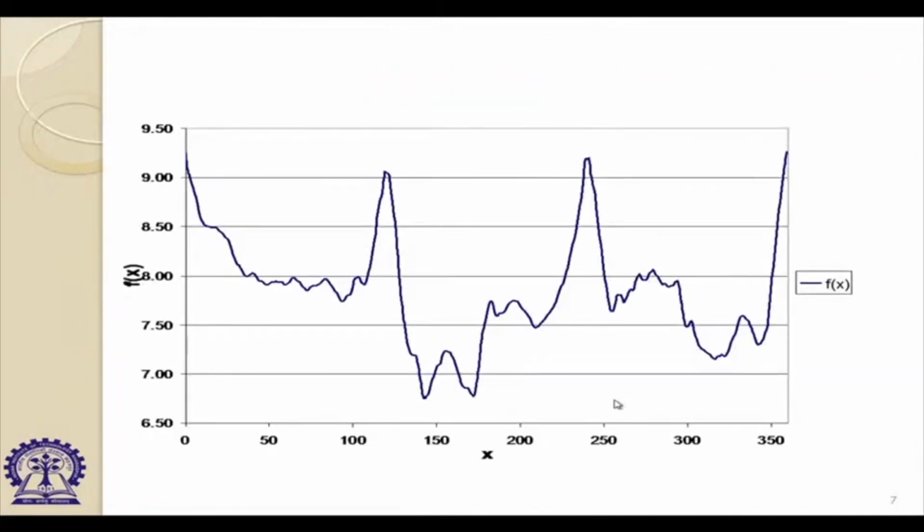Now, look at this function. What you can find if I ask you whether the function is convex or concave? Can you say? Not really, because the function is very complex in nature. There are several combinations of convex function, concave function, and you know the inflection point, all the points are there. That is why if I consider this range, not really we can say that this is either convex function or concave function.